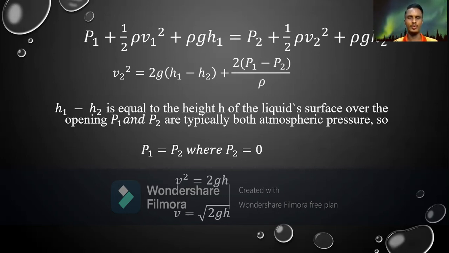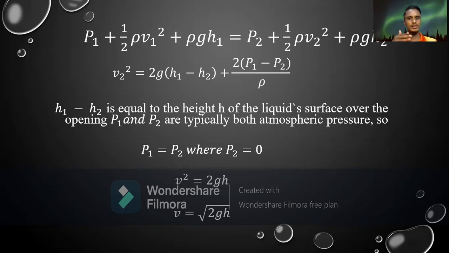h1 minus h2 is equivalent to the height of the liquid surface over the opening, which we denote by h, and p1 and p2 are typically both atmospheric pressure, so p1 is equal to p2, and the pressure difference is equal to 0.